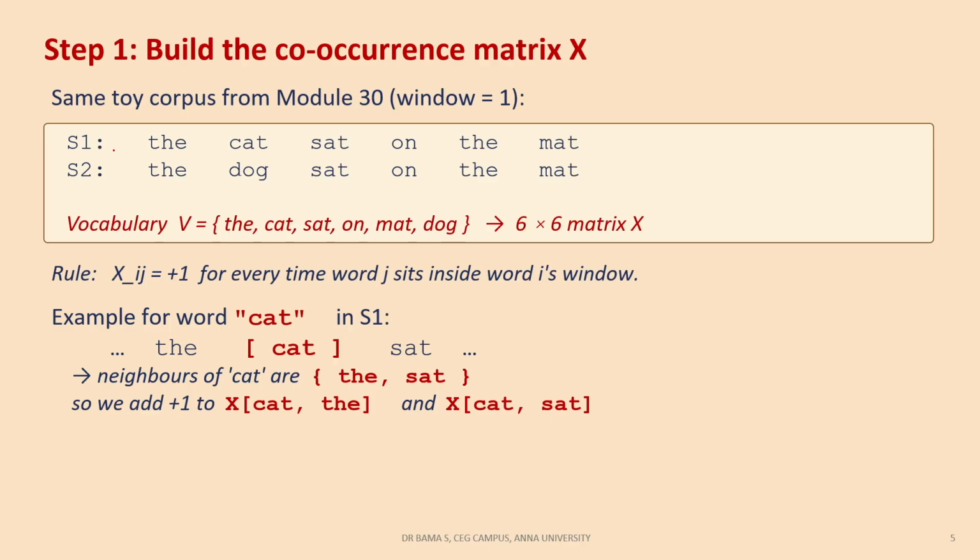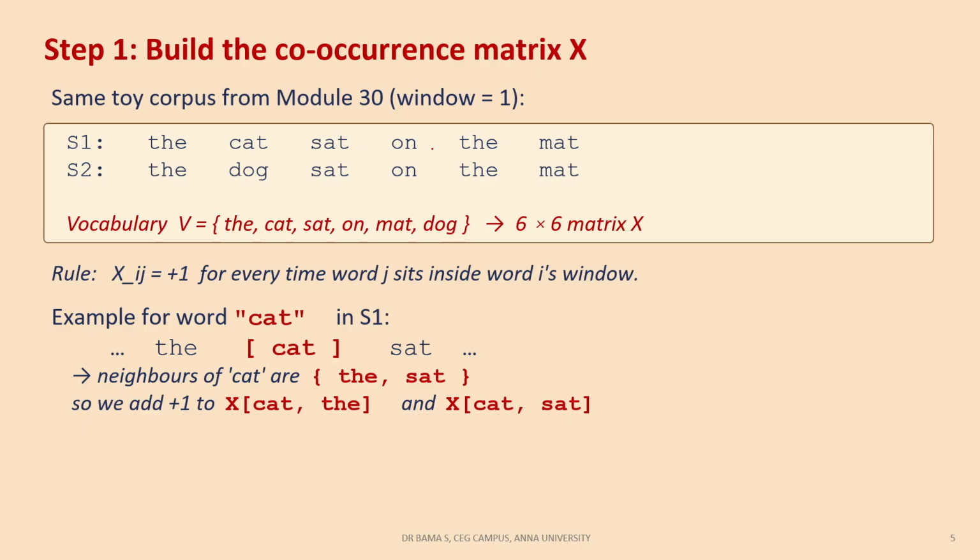So let us take a small example, again a very simple example that we have seen in the previous classes. We will compute the co-occurrence matrix, and from the co-occurrence matrix we will see how an embedding is done using the GloVe representation. Suppose we take a toy corpus.